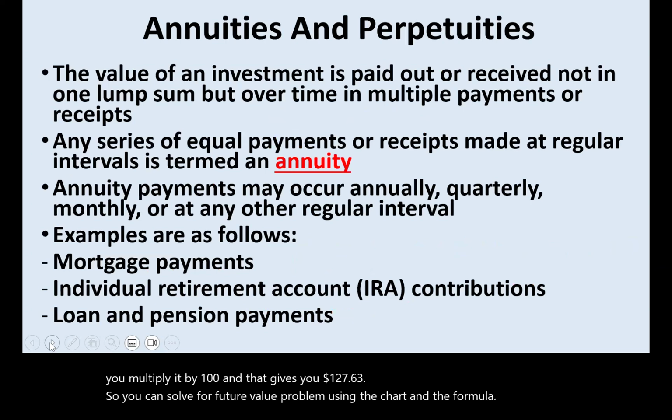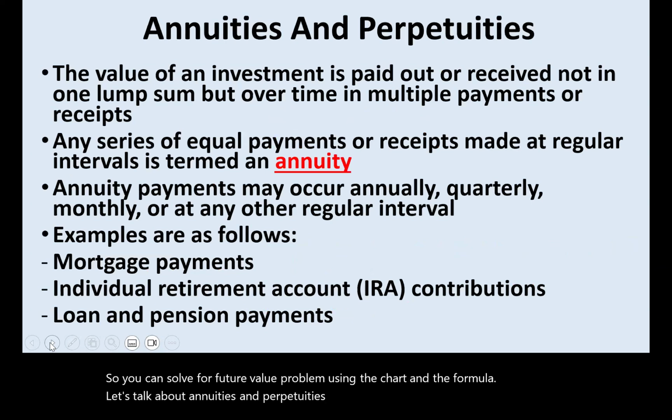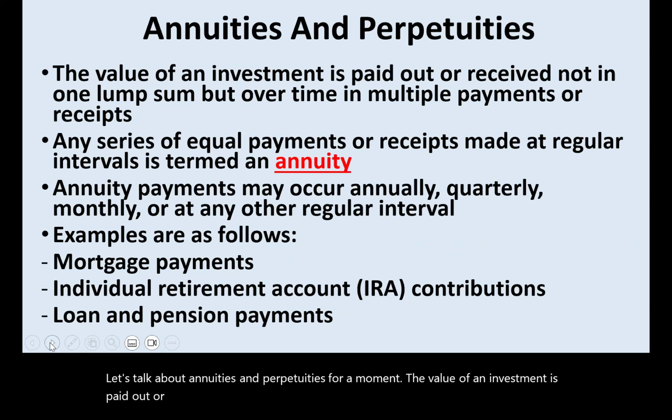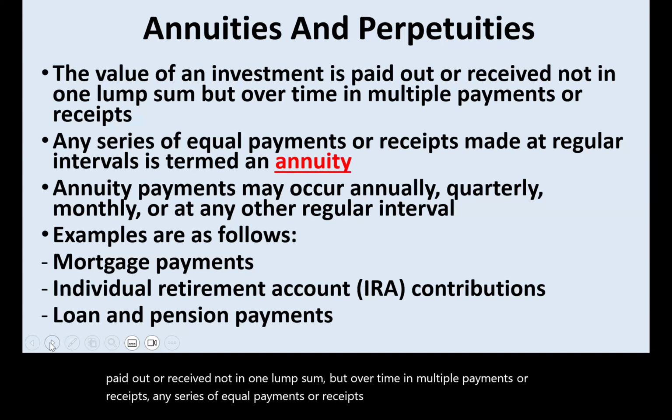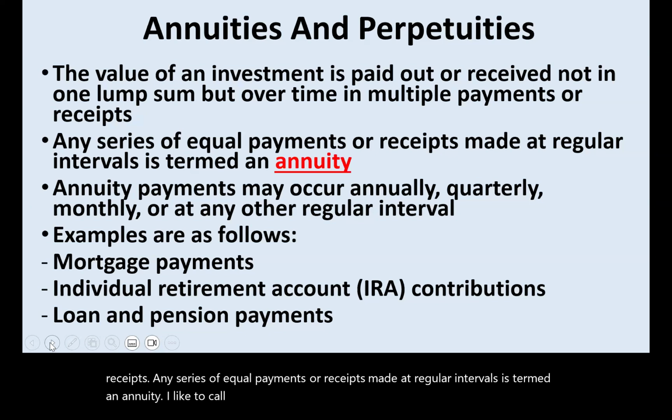Let's talk about annuities and perpetuities for a moment. Sometimes the value of an investment is paid out or received not in one lump sum, but over time in multiple payments or receipts. Any series of equal payments or receipts made at regular intervals is termed an annuity. I like to call it a series of equal periodic payments over a specified period of time.